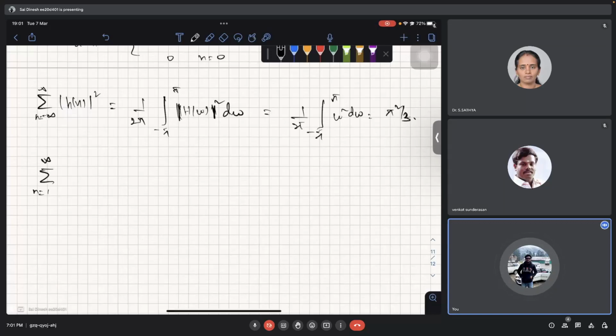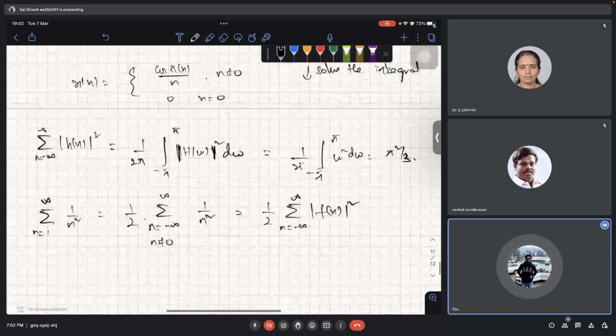The sum from n equal to 1 to infinity of 1 by n square is equal to 1 by 2 of that. So what is cos pi n equal to?